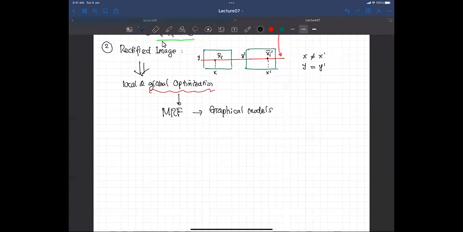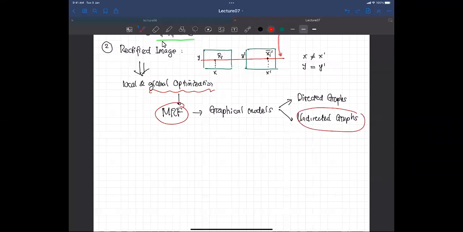Graphical models have two types: directed graphs and undirected graphs. The Markov random field that we will focus on is actually part of undirected graphs. So Markov random field is a specific type of graphical model, which is called undirected graphs.